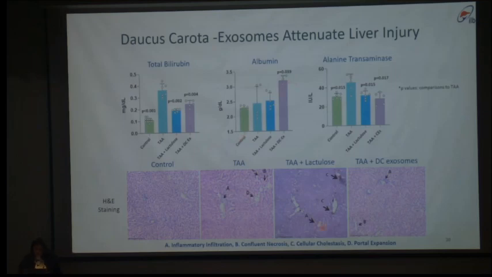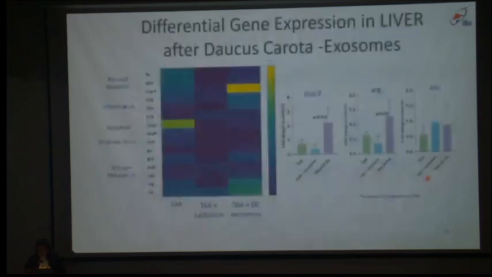When we looked at the liver histology, you will appreciate that in comparison to lactulose or TA, there was less cellular cholestasis, portal expansion, or even necrosis after we gave the carrot exosomes.